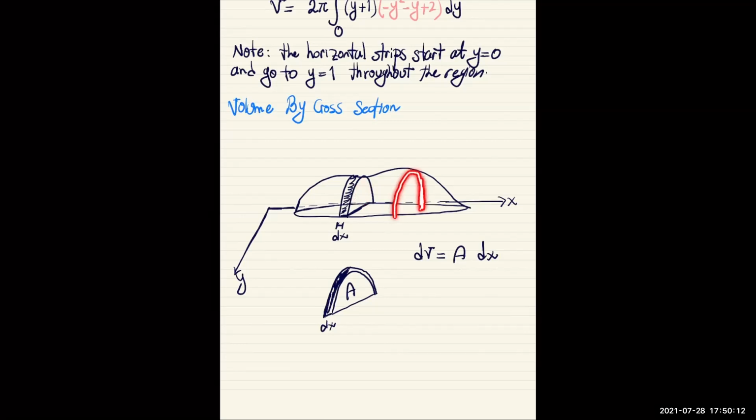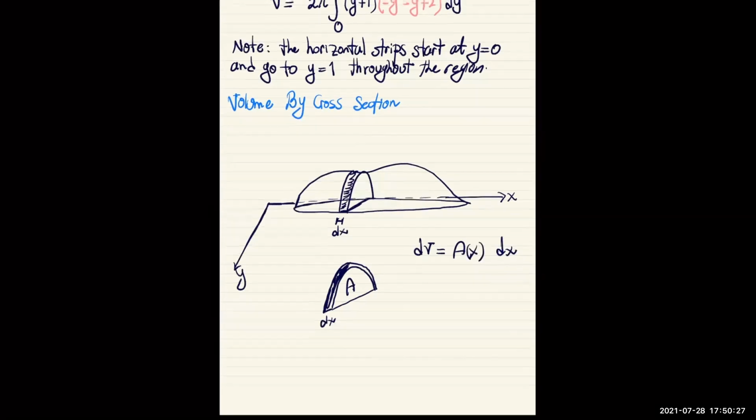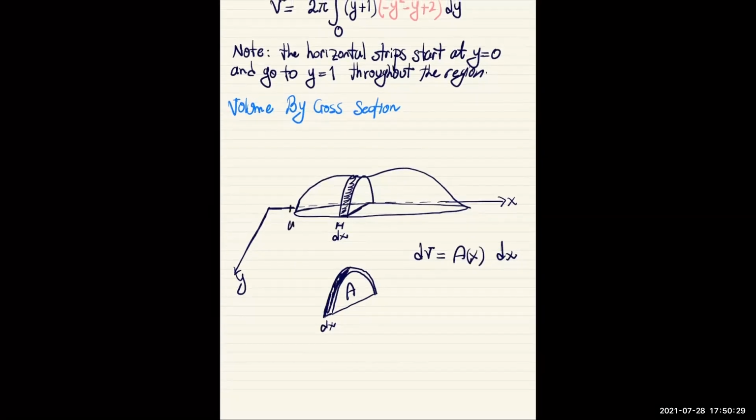For every x, you might end up with a piece of a different size. So area here depends on x. If you could express this area as a function of x, that would be great. And then let's say this is A and this is B. To find the volume, we just do the integral from A to B of A of x dx. Add up the volume of all slices.